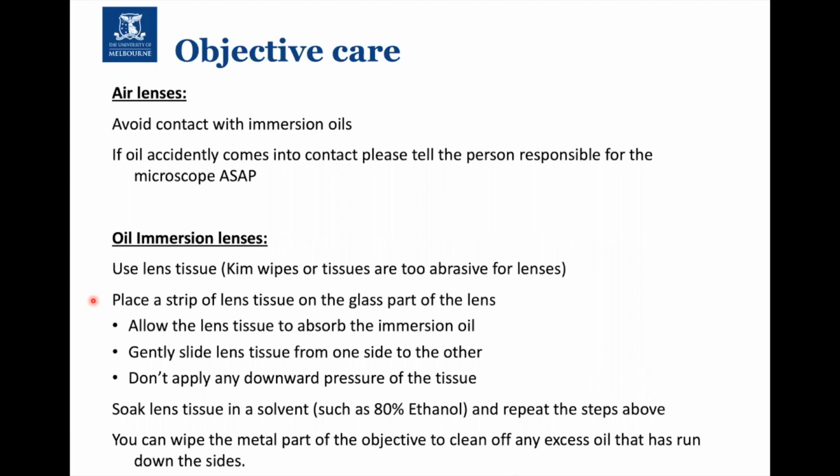If you have to, then gently slide the lens tissue from one side to the other without applying any real pressure onto the objective. We then ask people to repeat this with the lens tissue soaked in solvent. And then at the very end, just wipe down the metal part of the objective to clean off any excess oil or ethanol that still remains. Again, if you're unsure how you should be cleaning an objective lens, then speak to the person who's in charge of that microscope in terms of how you should approach that.